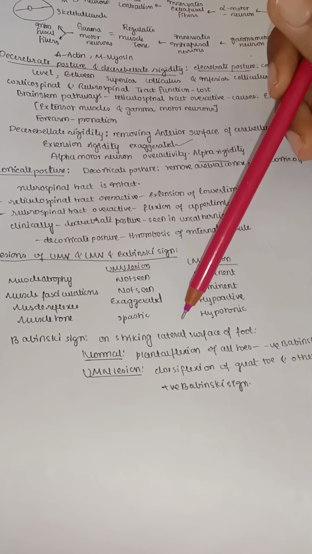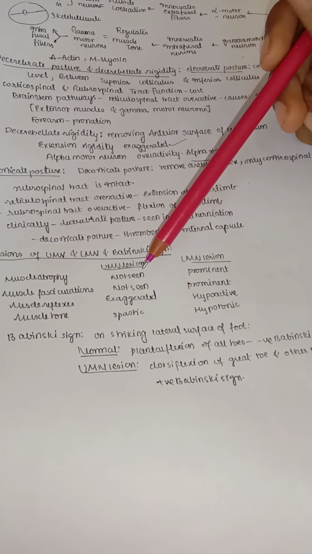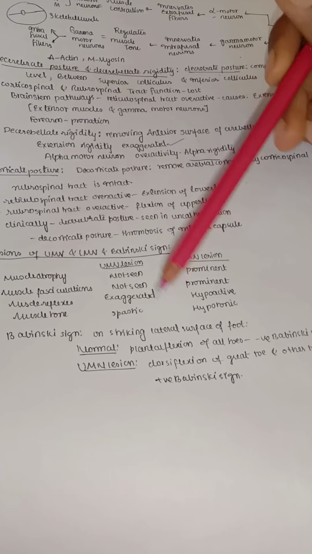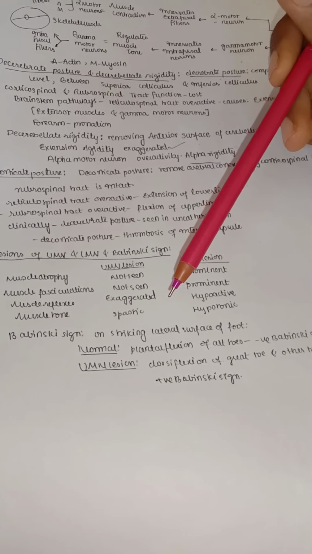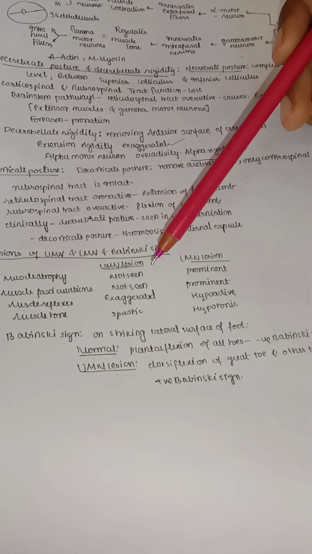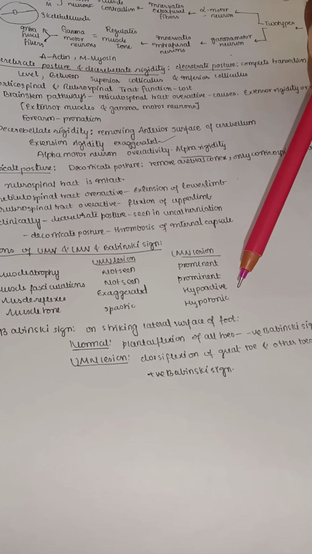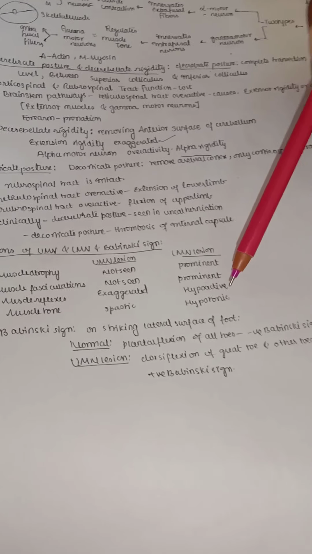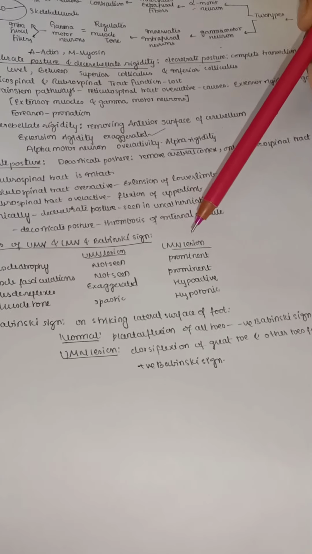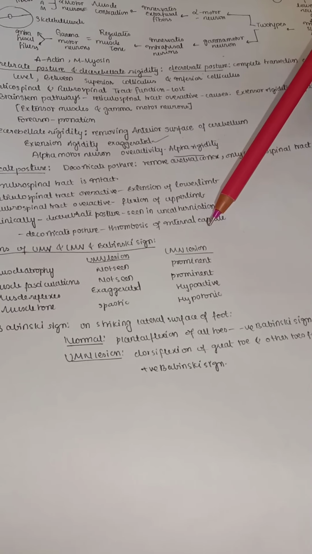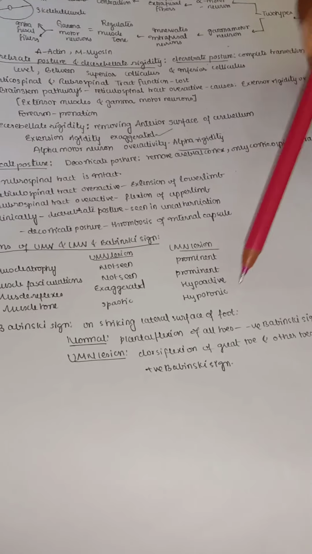Muscle tone is spastic in upper motor neuron lesion, because the impulse is not coming, so the muscle becomes stiff and rigid. Whereas in lower motor neuron lesion, the muscle tone becomes flaccid or hypotonic. Flaccid means it becomes loose, because the lower motor neuron is no more there to excite it, so the muscle becomes loose and rubbery, and also hypotonic.